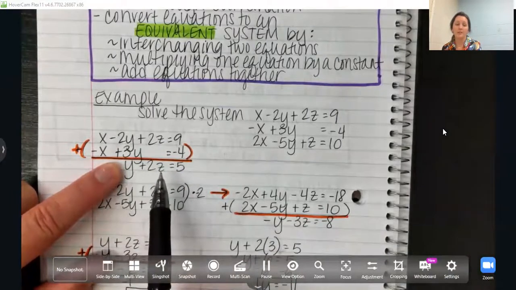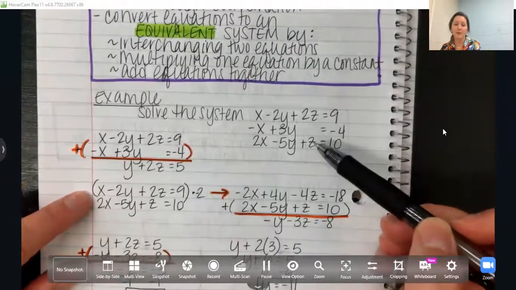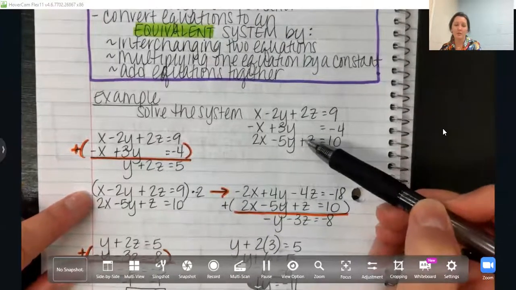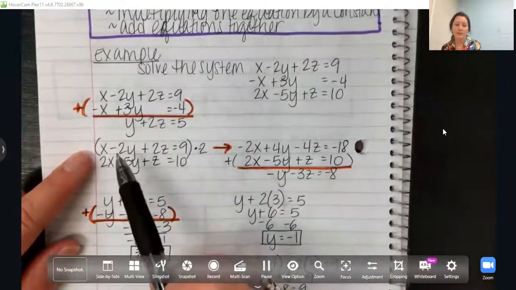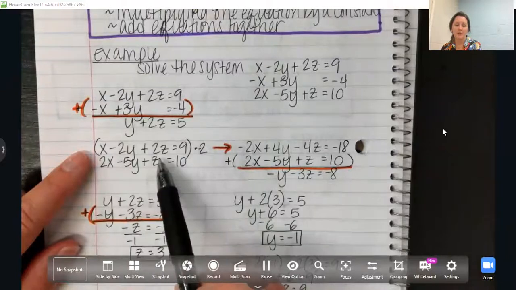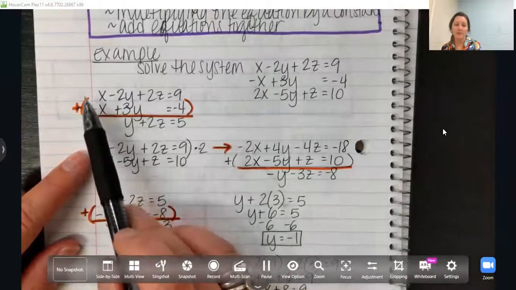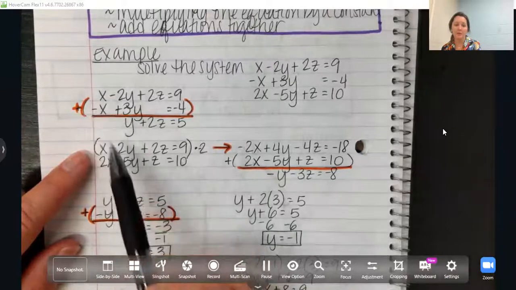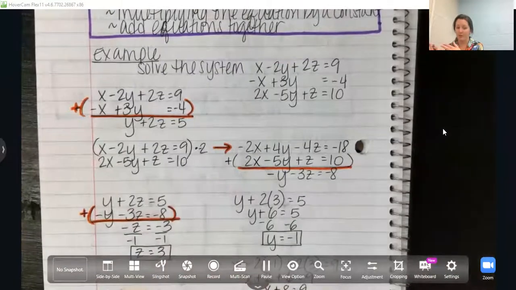All right, so what I'm left with is a system of just 2 variables. Okay, that's good. Now I'm going to grab my first equation and my last equation. This equals 9 and equals 10. And I'm going to say, okay, well, none of the values match, right? But if I eliminated x in my first go round, I need to eliminate x in my second go round. That way I have matching equations.